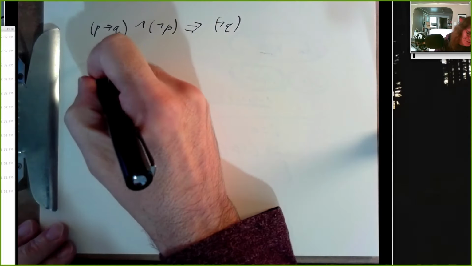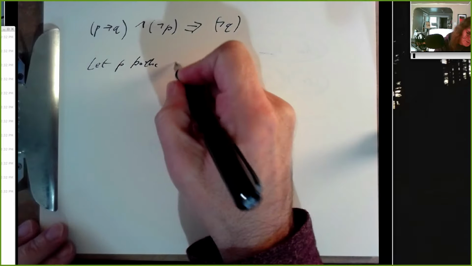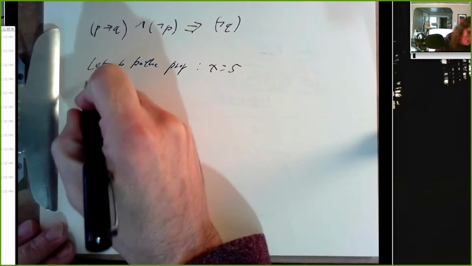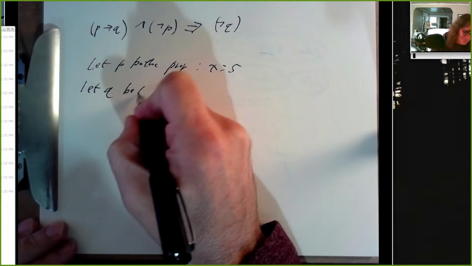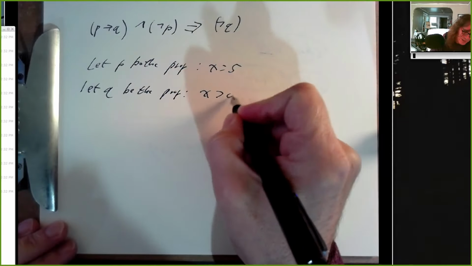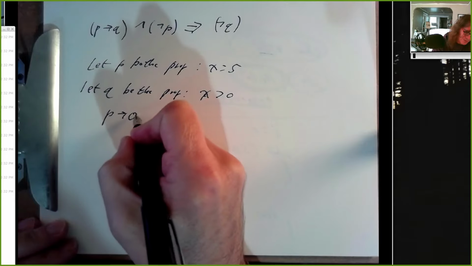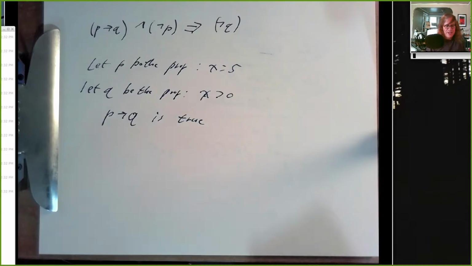So let me see. Let P be the proposition x equals 5. Let Q be the proposition x is bigger than 0. Okay, P implies Q is true. If x equals 5, then x is bigger than 0.